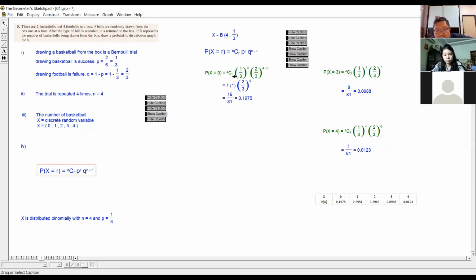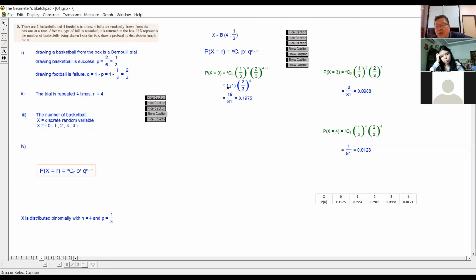It comes from here. Here's x equal to 0, and this number here is also 0. How to get this number? It is 4 minus 0, which is 4. So it's 2/3 to the power 4.